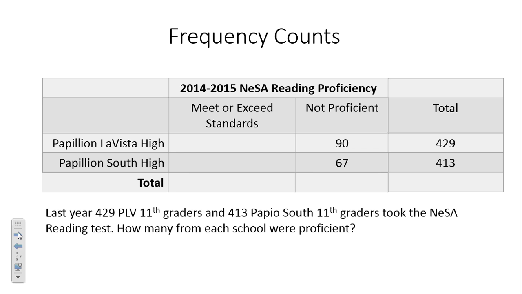By the time we get to math, it's later in the year, so those numbers change as far as how many students we have. Some have moved into the district, moved out of the district, those types of things. So I want you to figure out what the level of meeting or exceeding is for both schools, and then transfer that data to a table to the right and find the marginal frequencies for me.